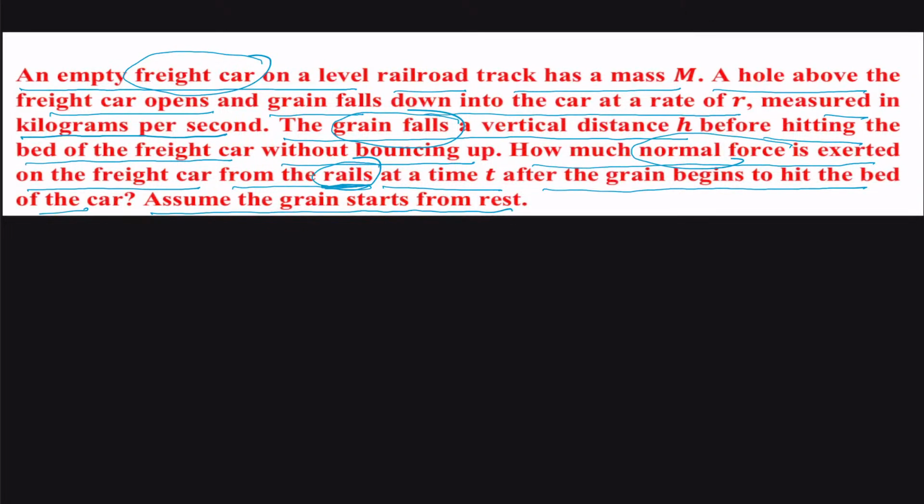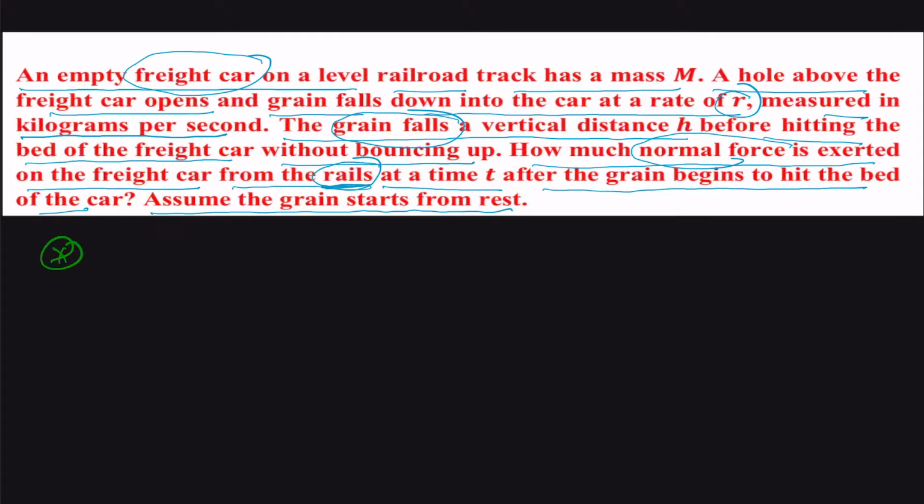And here the rate of falling of the grain is given as r. So indirectly this is given as dm by dt. Okay. In the first question, the mass rate was dm by dt that we just calculated. Here it is given in the form of a rate.